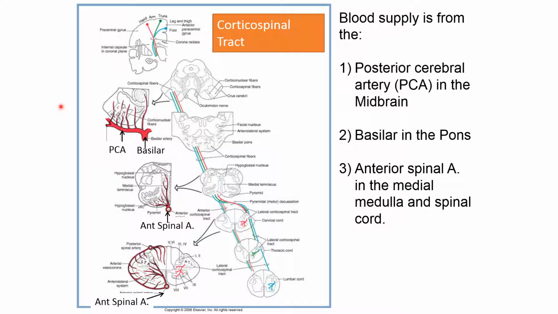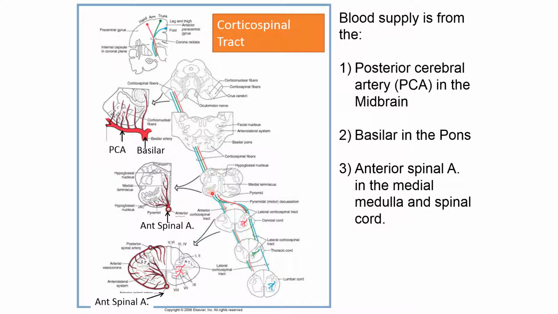We'll start out at recognizing that in the midbrain, the posterior cerebral artery has penetrating vessels that feed the crus cerebri and the corticospinal tract within it. As we move down to the pons, we have a basilar artery at the midline, and penetrating vessels off of the basilar artery feed the corticospinal tract in the pons.